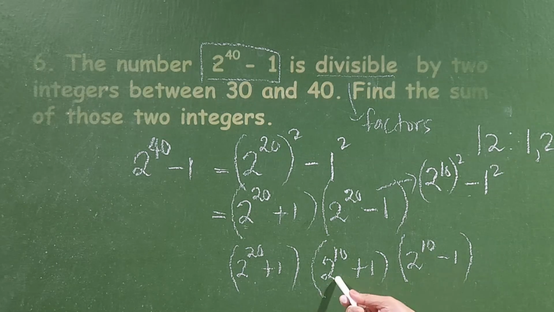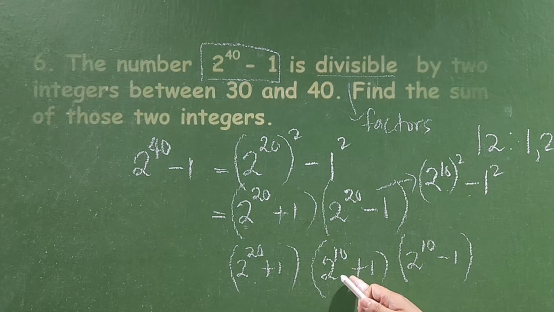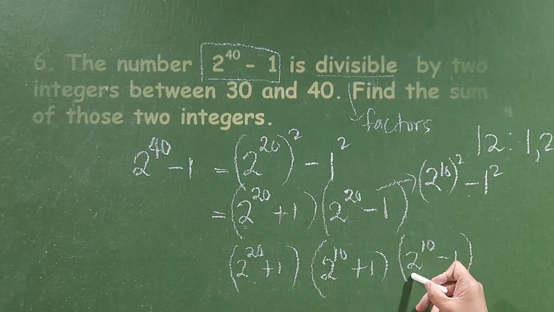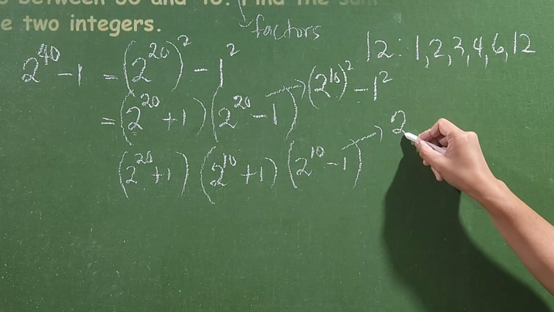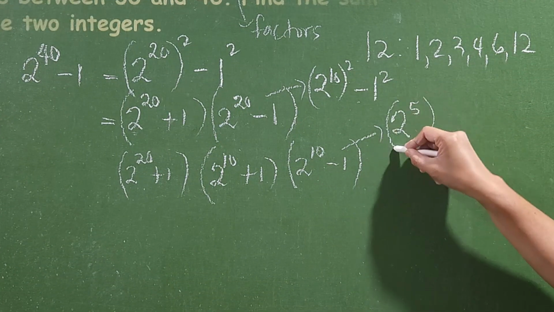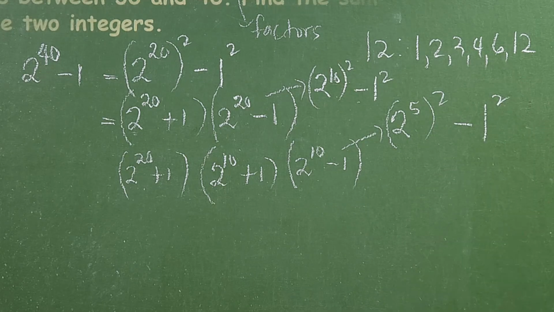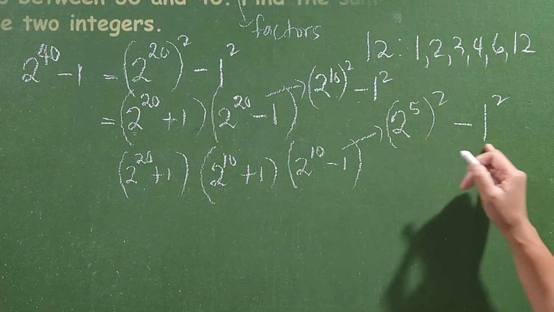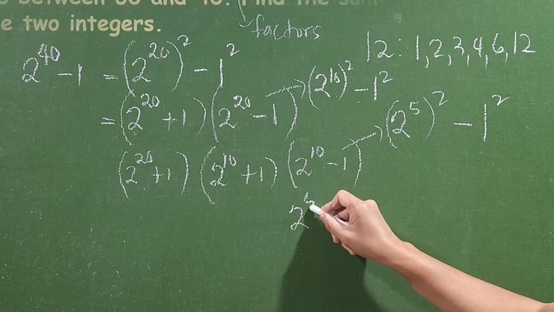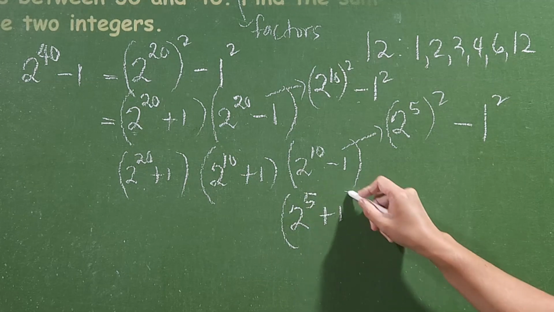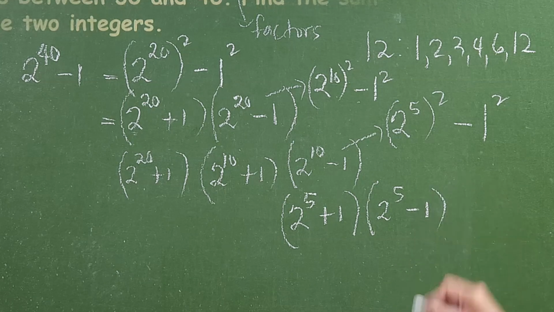In here, 2 raised to the power of 10 plus 1 can no longer be rewritten. But 2 raised to the power of 10 minus 1, we can rewrite as 2 raised to the power of 5, squared, minus 1 squared. So again, difference of squares. So this is 2 raised to the power of 5 plus 1 times 2 raised to the power of 5 minus 1.